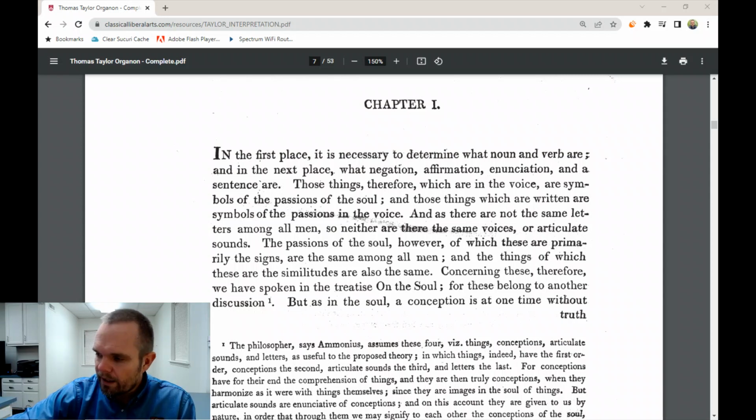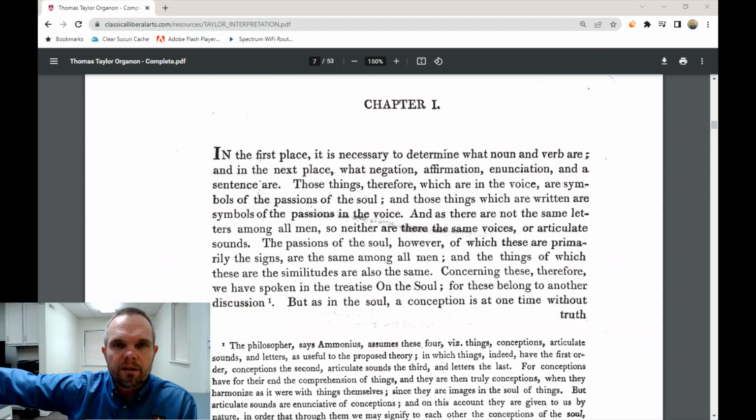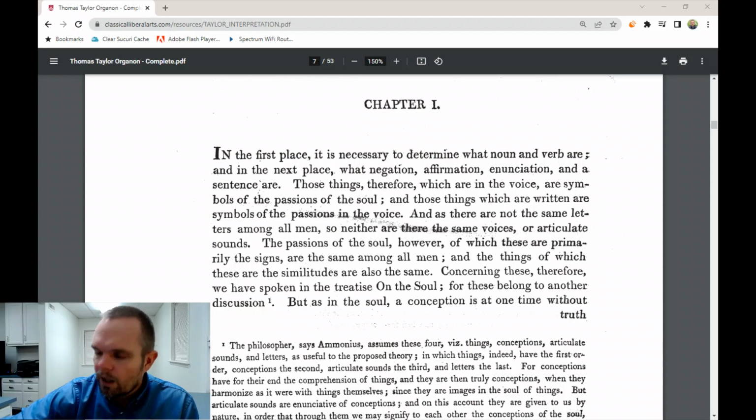In the same way, the letters that we use differ from one people to another because they're established by institution, or convention, or simply by human agreement. We agree on how we're going to write, and then we're able to communicate to each other in writing.